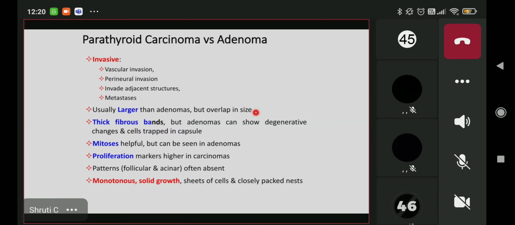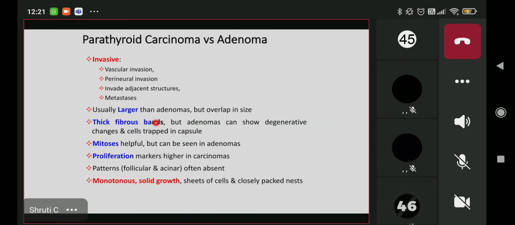Now, parathyroid carcinomas are usually large. They will usually be larger than the adenomas, but there can be some overlap. They will have thick fibrous bands, but adenomas can also show certain cells trapped in the capsule. Mitosis is sometimes helpful, but not always. But obviously, proliferation markers like Ki67 and all those markers which indicate proliferation of cells will be higher in the carcinomas.